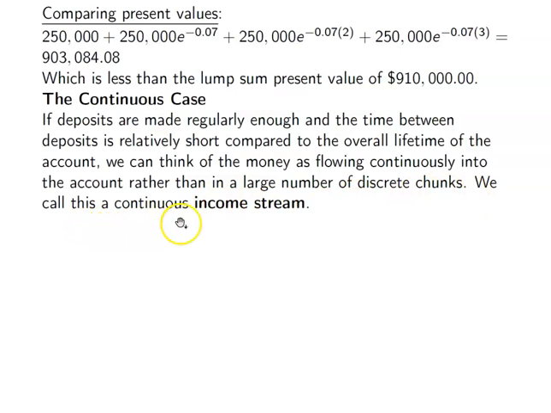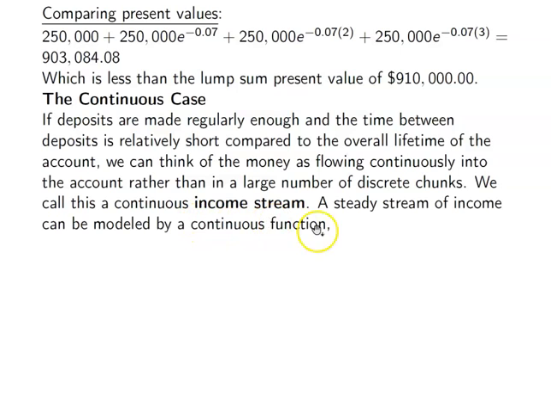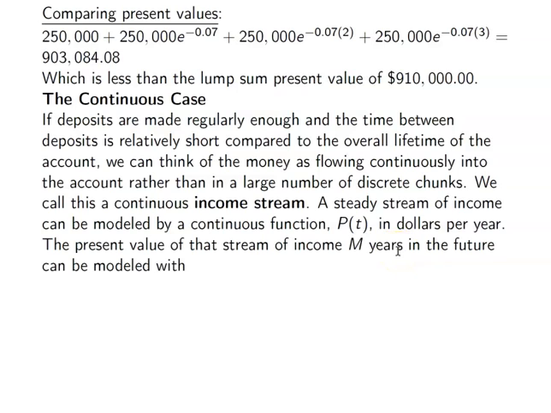We would call this a continuous payment or income stream. It's a steady stream of income that can be modeled by a continuous function, which we would call P of T in this case instead of a single amount. And we would look at this in terms of dollars per year.